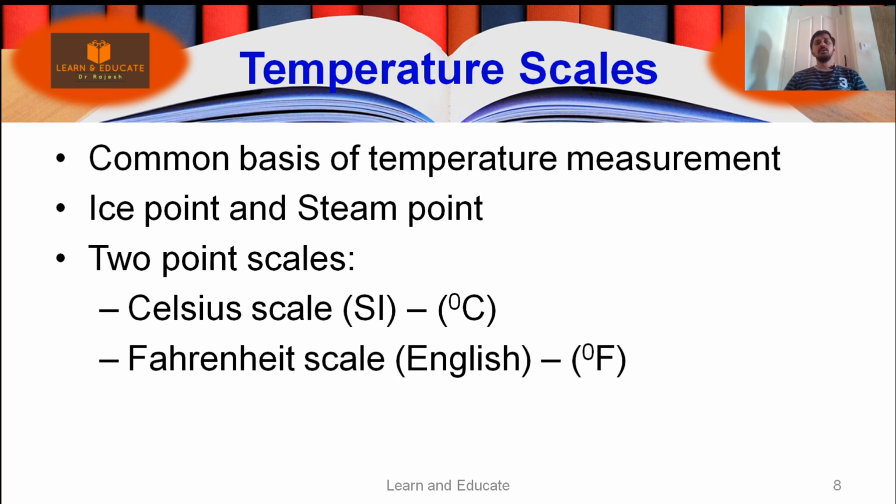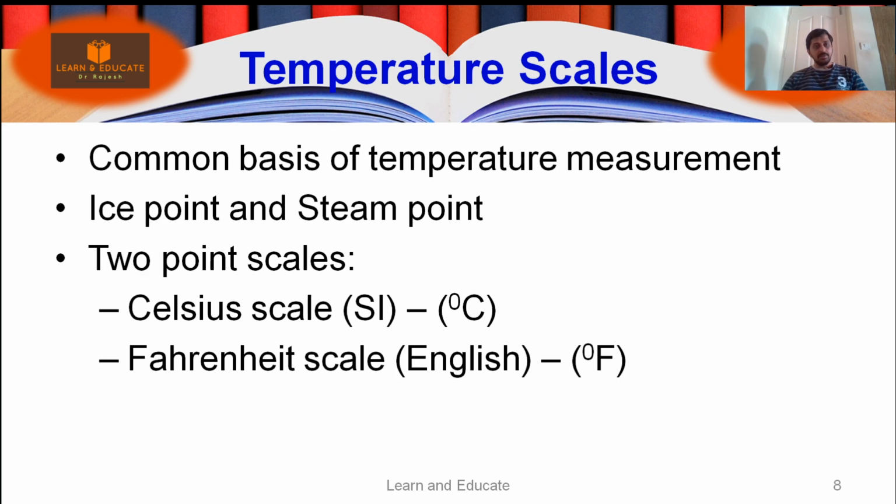Now let us move on to temperature scales: how to measure the temperature and what the different units for temperature are. Temperature scales are the basis for temperature measurement. There are two well-defined points in each and every temperature scale: ice point and steam point. You know what the ice point is, where the conversion of solid to liquid, or back from liquid to solid, takes place.